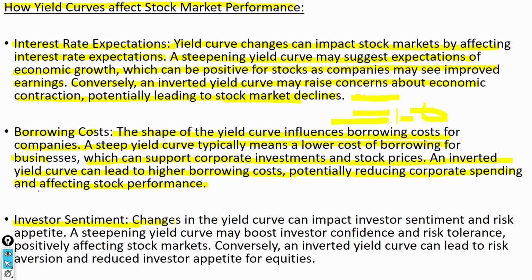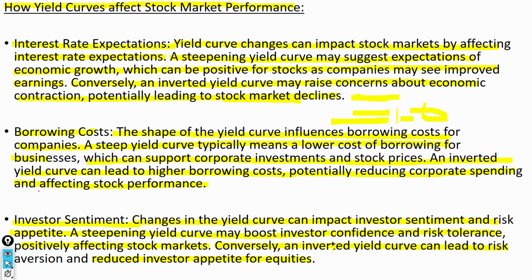Investor sentiment. Changes in the yield curve can impact investor sentiment and risk appetite. A steepening yield curve may boost investor confidence and risk tolerance, positively affecting stock markets. Conversely, an inverted yield curve can lead to risk aversion and reduced investor appetite for equities. So all of this is generally almost the same point.